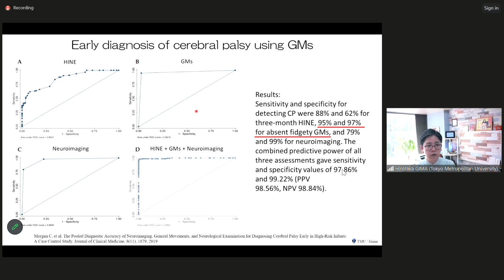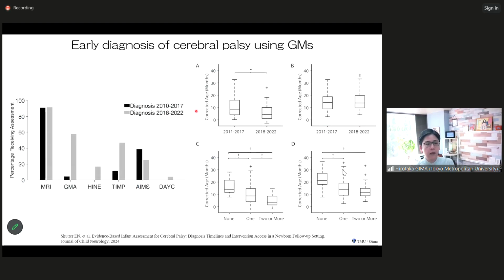Due to reports such as these on the early diagnosis algorithm for cerebral palsy, the timing of early diagnosis has been getting earlier in recent years. This paper reports on the difference in the timing of diagnosis before and after 2018, when the algorithm for early diagnosis of cerebral palsy was released. The data is from a hospital in Wisconsin, USA.